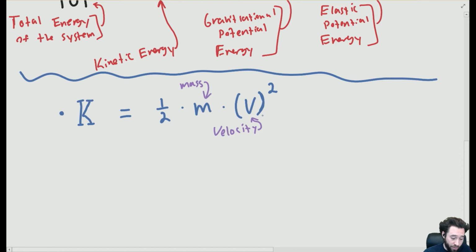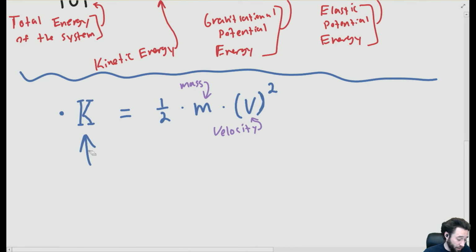So if I increase my velocity, what happens to my kinetic energy? It goes up because it's a direct relationship. If I increase my mass and I keep my velocity the same, my kinetic energy also goes up.